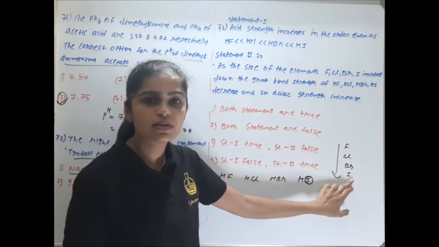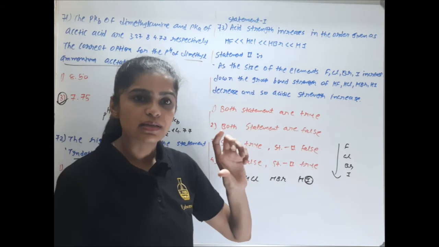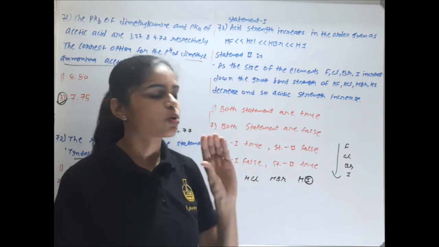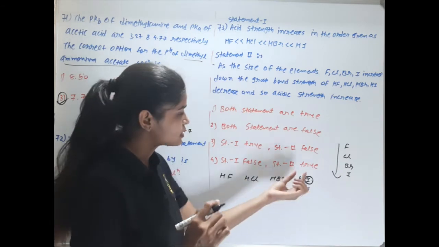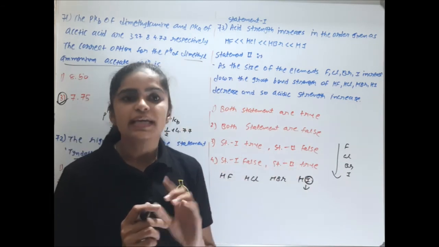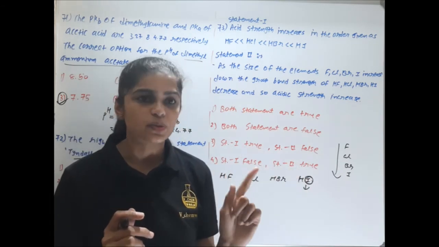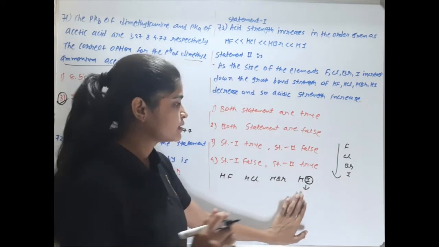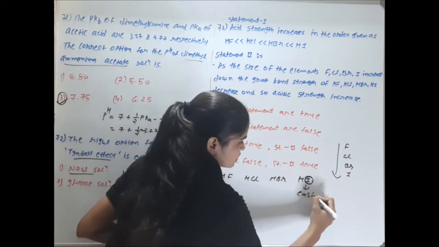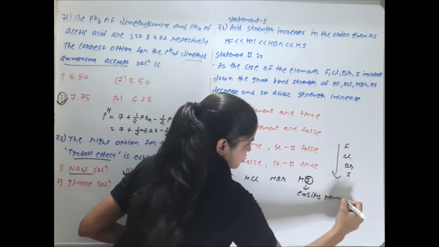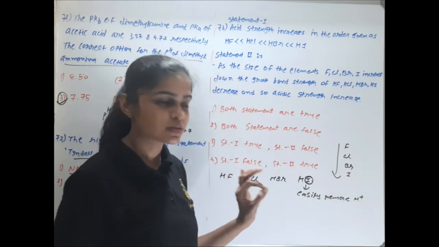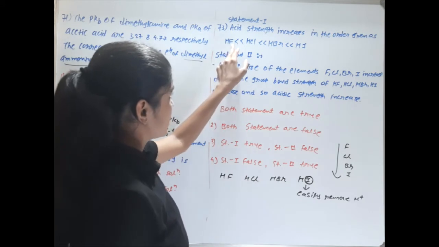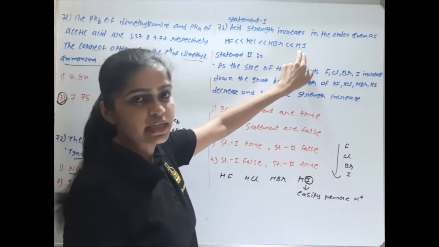Where the size is more, its overlapping is less. Where overlapping is less, its bond strength decreases. Where bond strength decreases, it easily removes H plus. An acid easily removes H plus. Where it easily removes H plus, its acidic strength is more. So this is the right option: HF, HCl, HBr and HI.